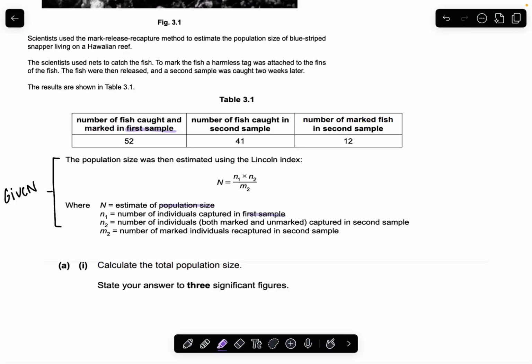N2 is marked and unmarked in second sample. Let's go ahead and highlight second sample. And then we have M2, which is number of marked individuals in second sample. So look, marked second sample. It's important to pay attention to what's in your table and the variables that are told to you in the question. Again, it's embedded in the question. You do not need to memorize any of these formulas.